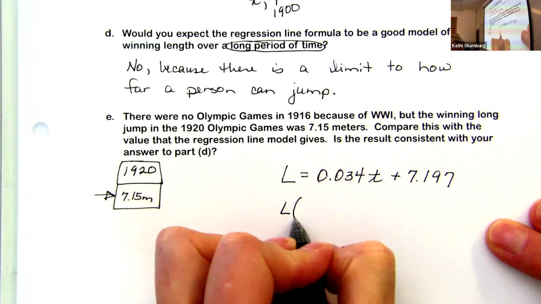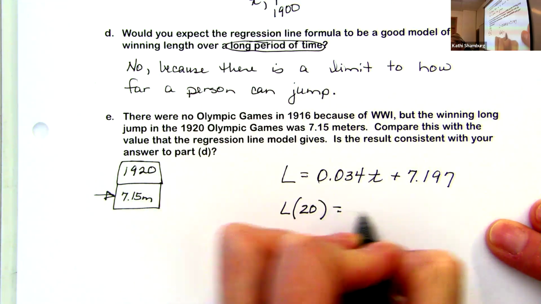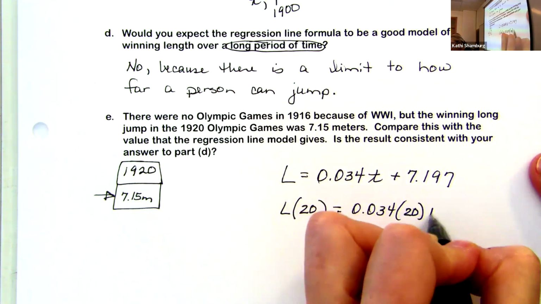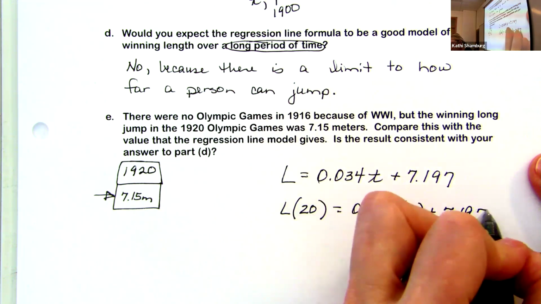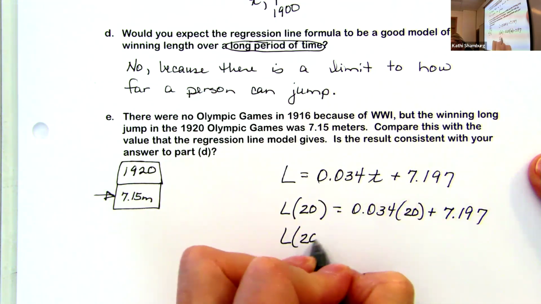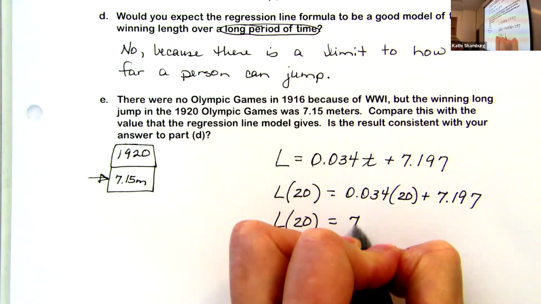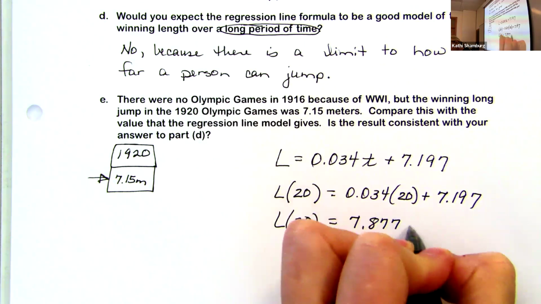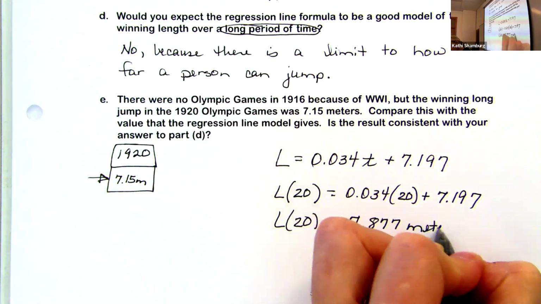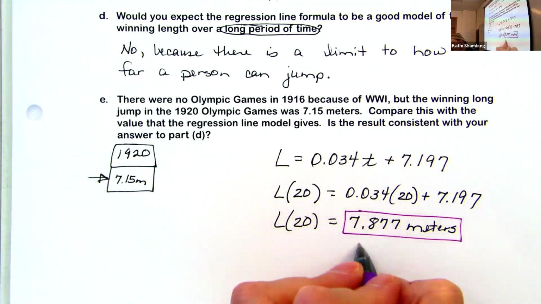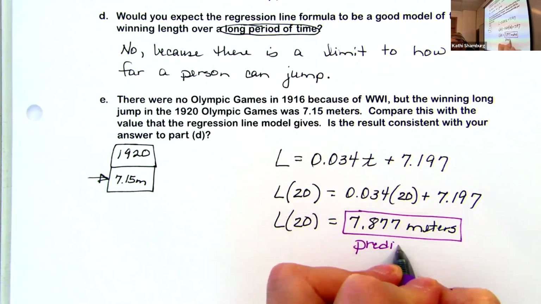We're doing L at 20 years since 1900. Which, what does that give you? 7.877 meters. Yeah, so based upon the regression line that we got, this would be what we would have predicted.